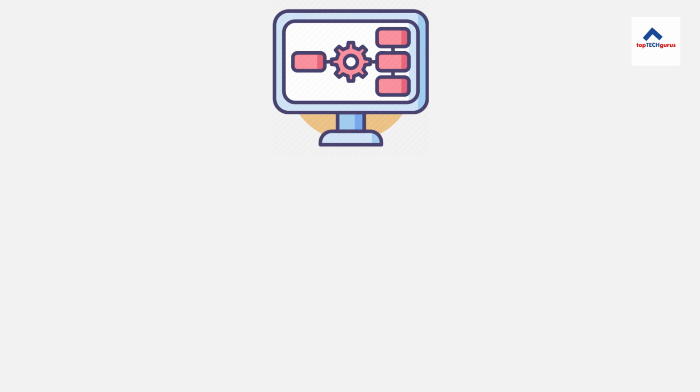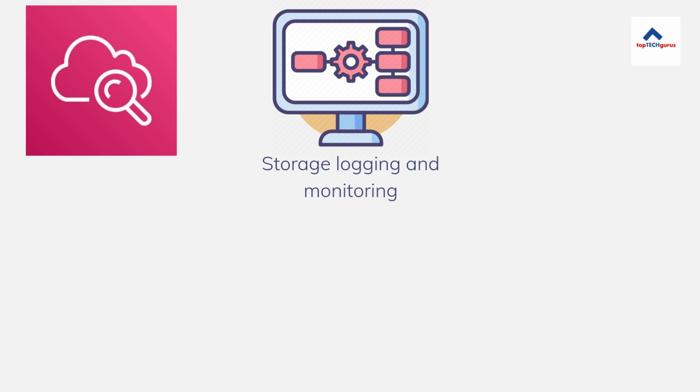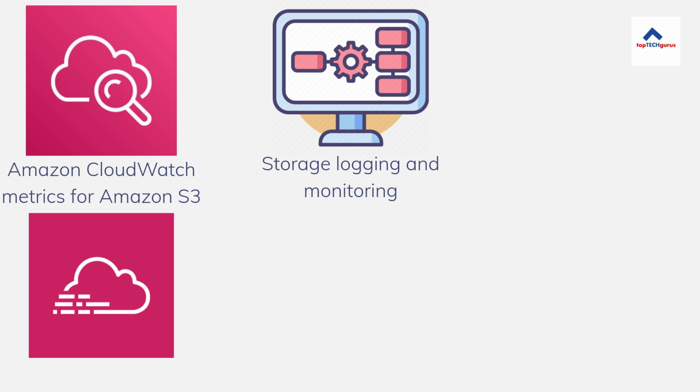Logging and monitoring features by AWS S3. Amazon CloudWatch metrics for Amazon S3 track the operational health of our S3 resources and configure billing alerts for us. AWS CloudTrail records the actions by a user, a role, or an AWS service in Amazon S3 and provides detailed API tracking for S3 bucket-level and object-level operations.